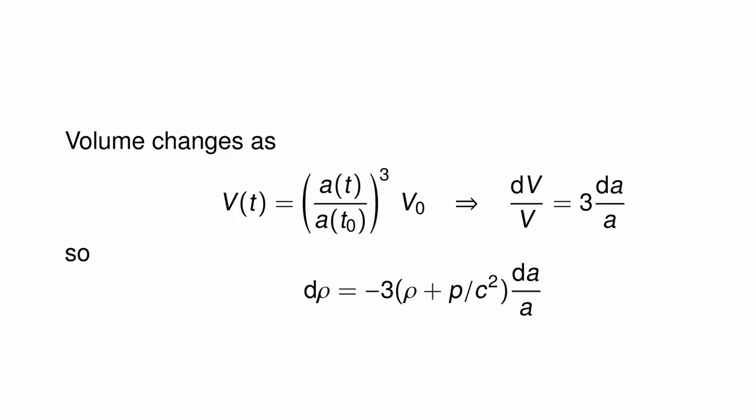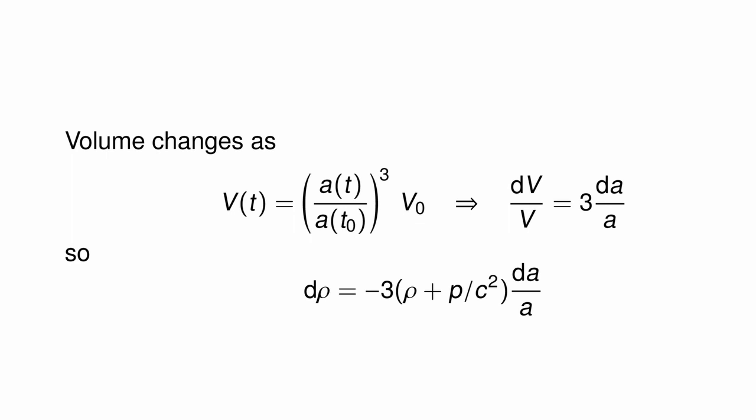If I'm looking at a cube that is expanding with the universe, so I'm looking at basically the same assembly of particles and I'm following them through the expansion, then all the sides of the cube are going to change in the same way, namely proportional to the scale factor a. So since the cube is by definition side length cubed, the volume itself is going to change in this way.